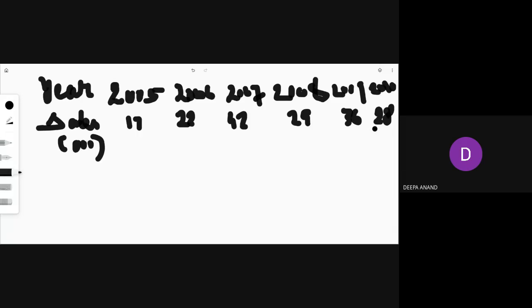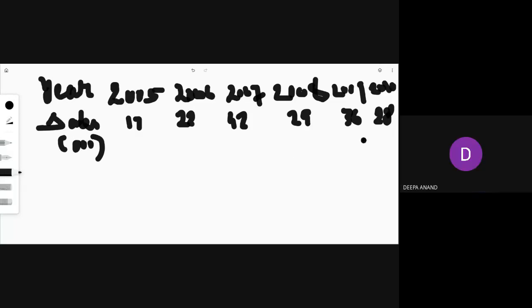The question is with the help of a suitable graph. In the exam it will be given like this. And in order to show different periods of time, what is the most suitable graph? Time series.